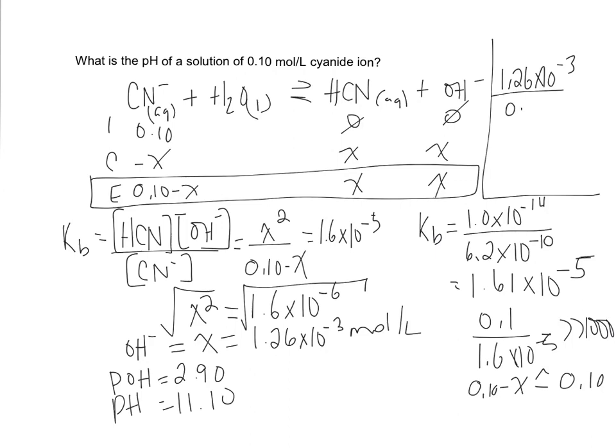We had 0.1 to start. So our percent ionization is about 1.3%. So not very much ionizes at all. So you've got your Kb, you can find pH, you can find percent ionization. It just takes one extra step to figure out your pH.